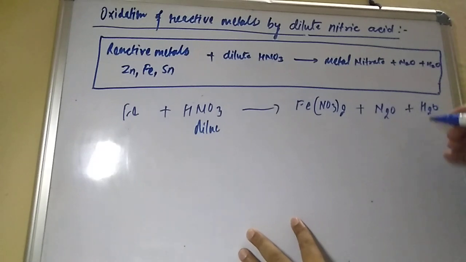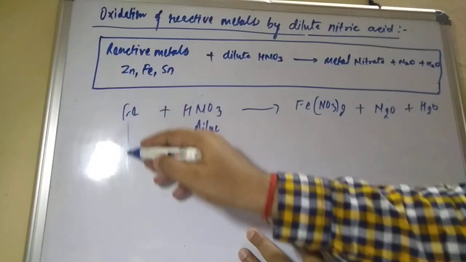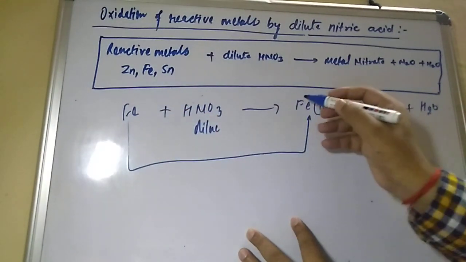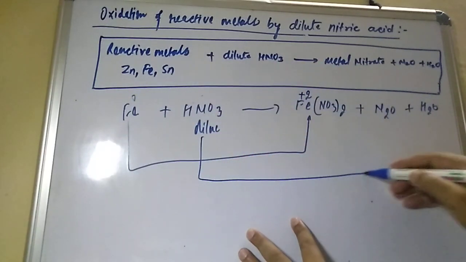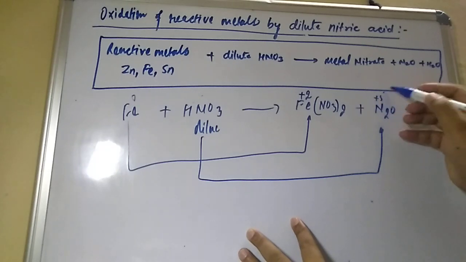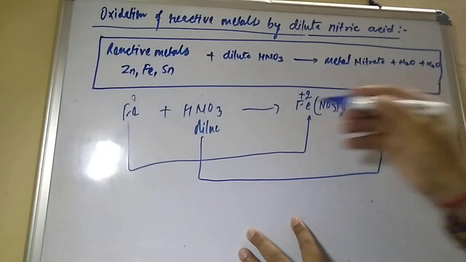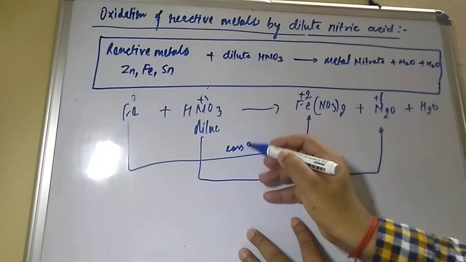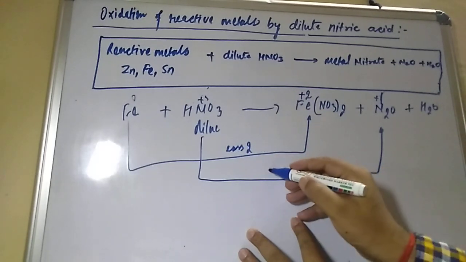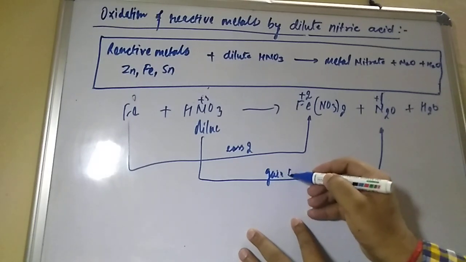In this case, Fe goes from 0 to +2, and nitrogen changes from +5 to +1. So loss is 2 electrons, and gain is 4 electrons.